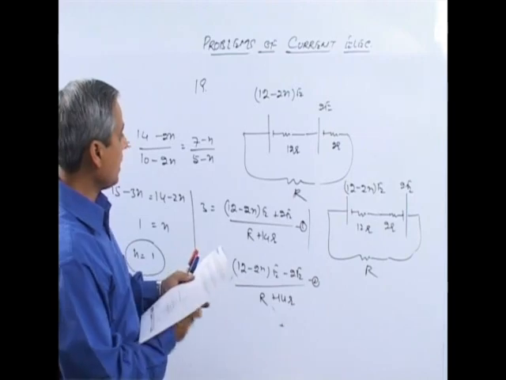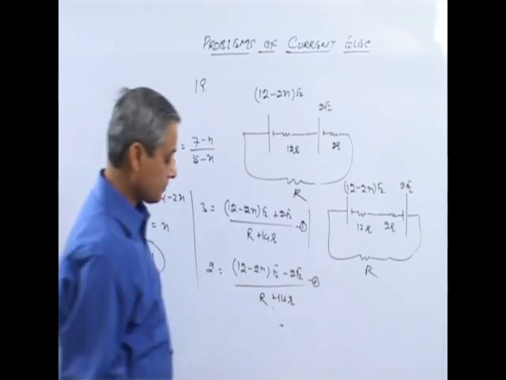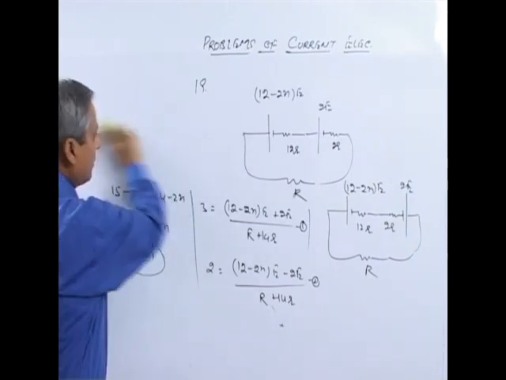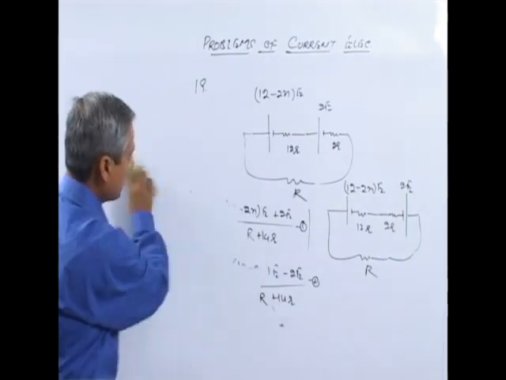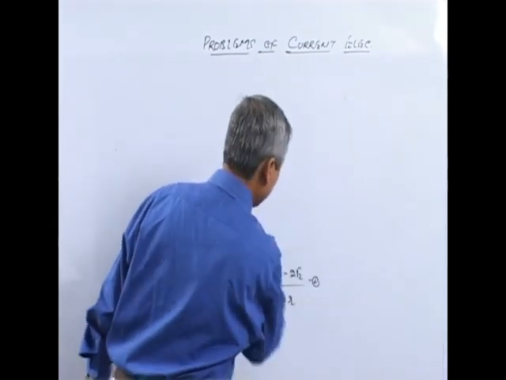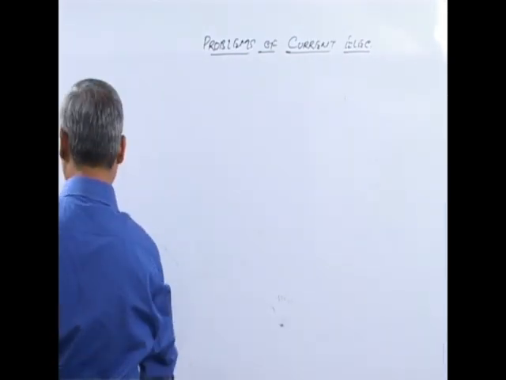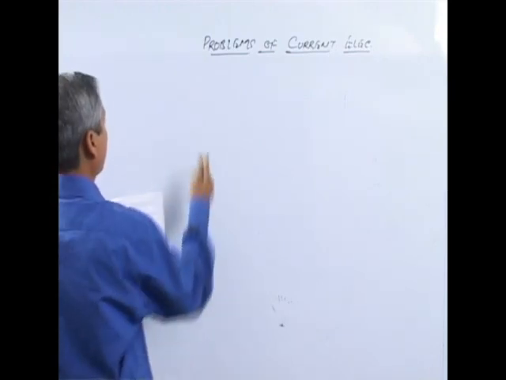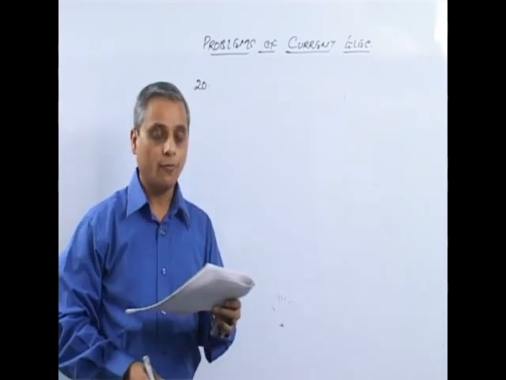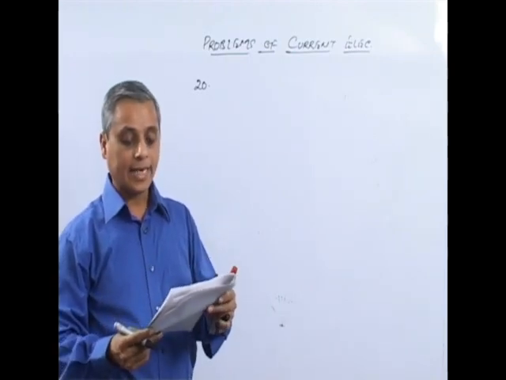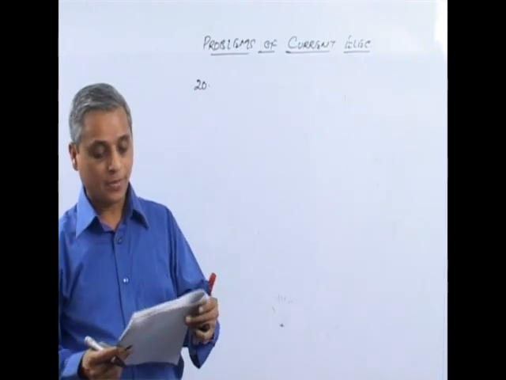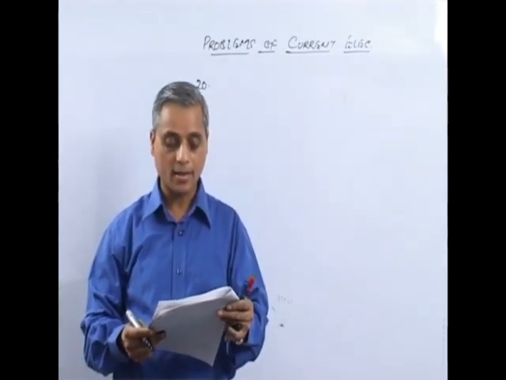Question number 20 is also quite simple. Here the language goes like this. Two resistances 300 ohm and 400 ohm are connected in series with a battery of EMF 60 volts and negligible internal resistance.